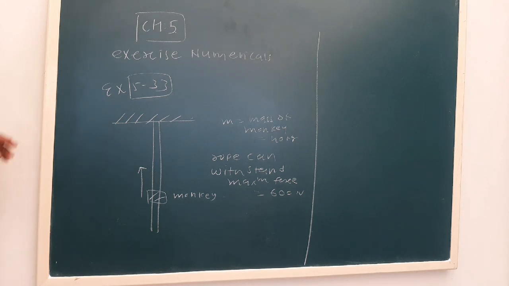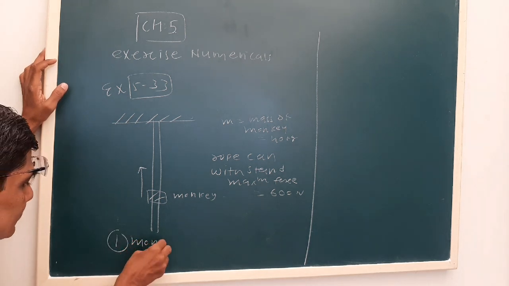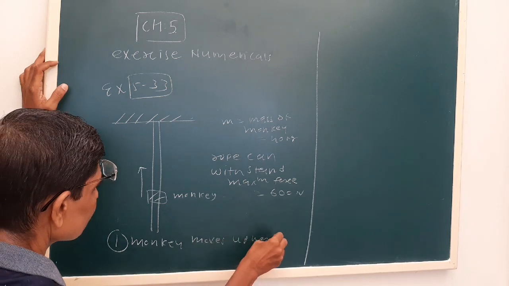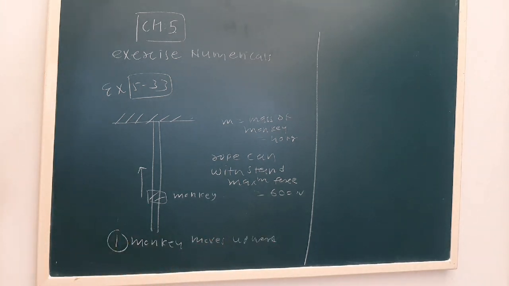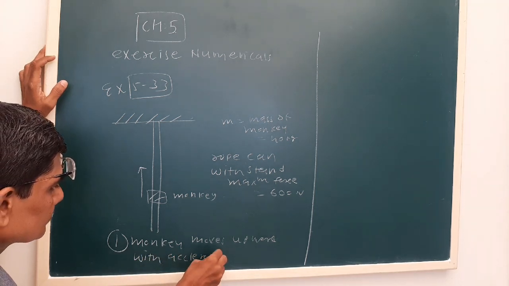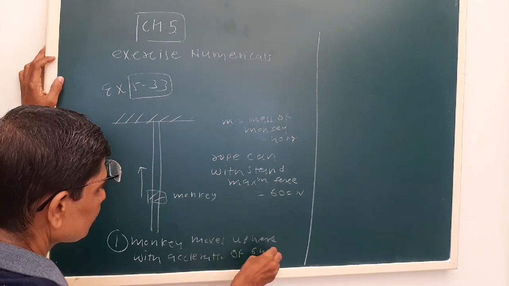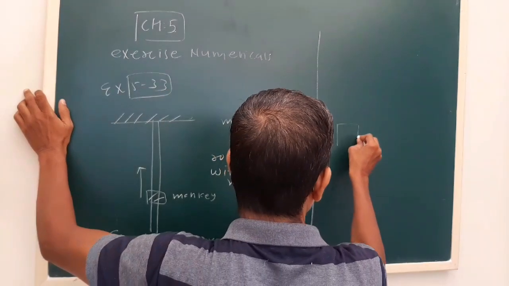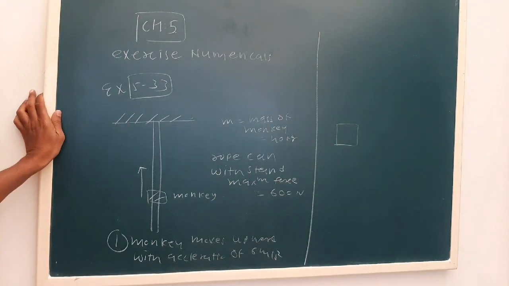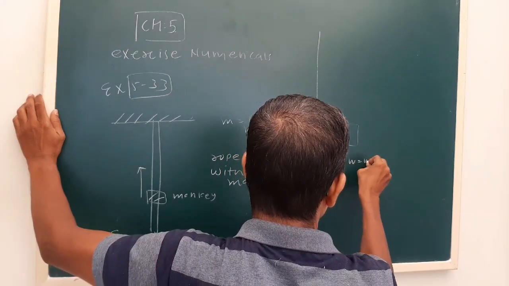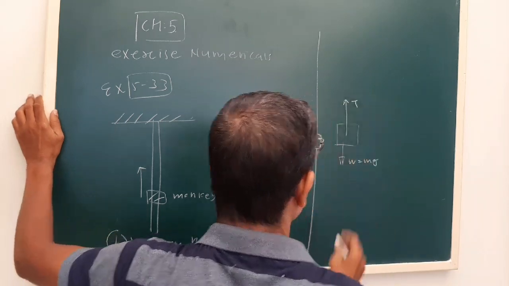First, the monkey moves upward with acceleration of 6 meter per second square. Now here consider the free body diagram. The weight of the monkey is mg, and let us say T is the tension.